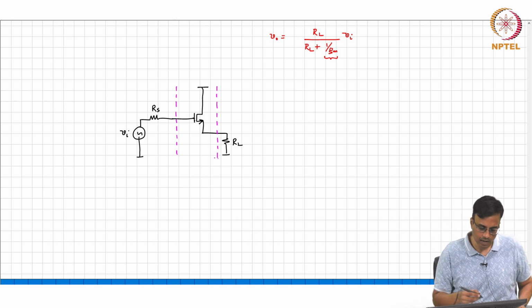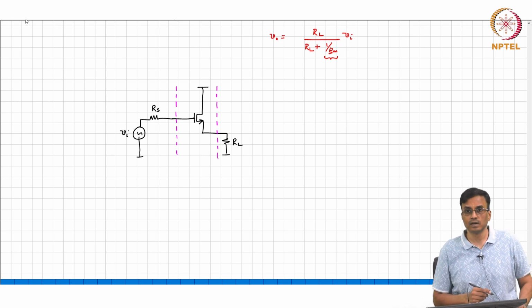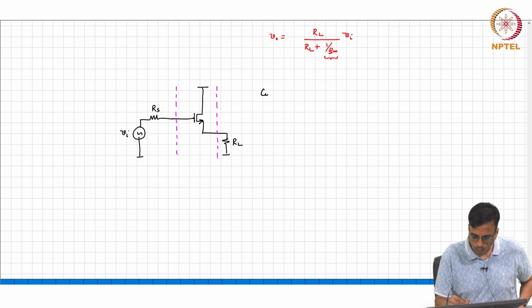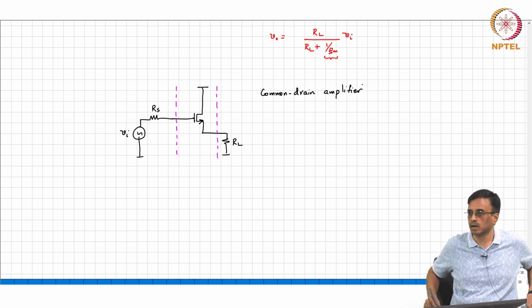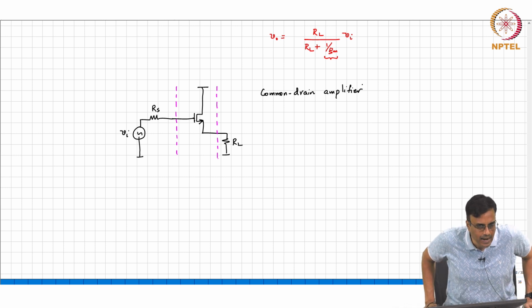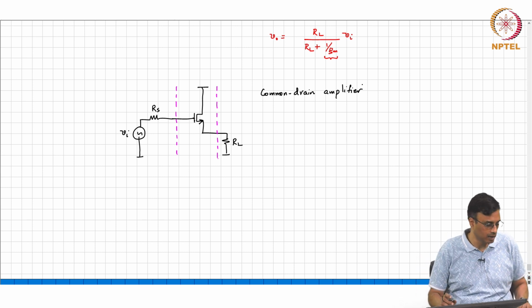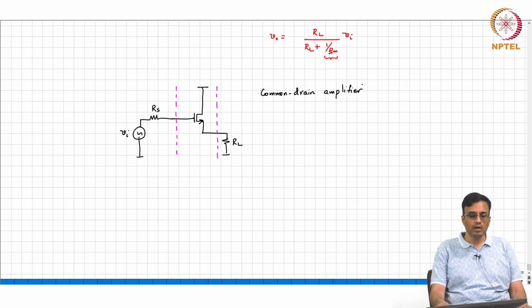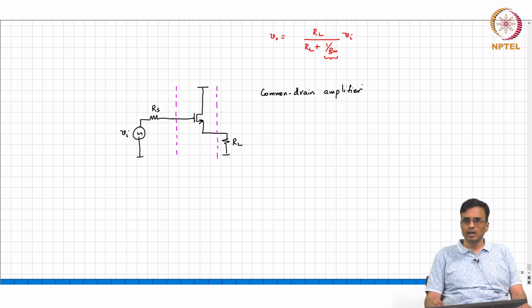The drain, right. So, what would you call this? This is the common drain amplifier, right. And the common drain amplifier is a way of realizing an incremental voltage controlled voltage source with a gain of 1.